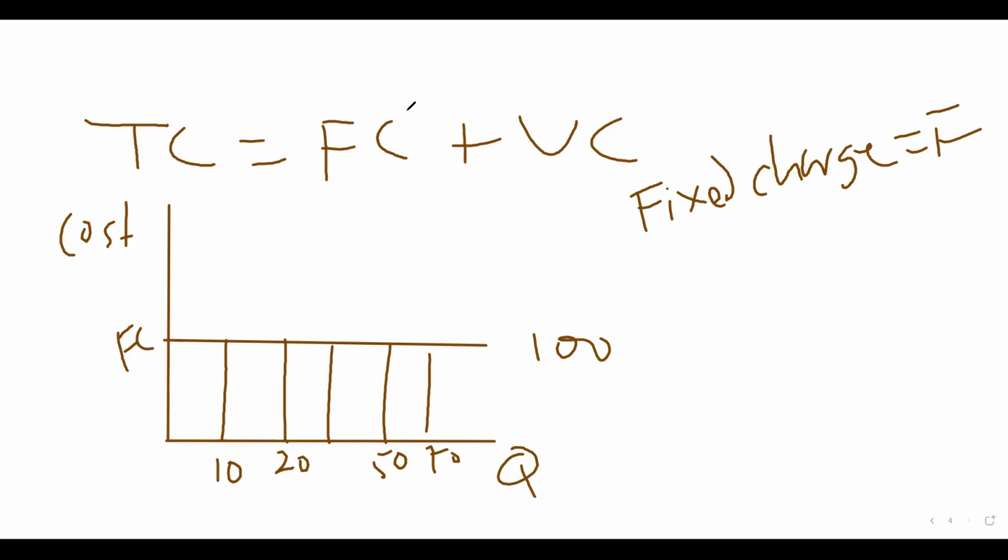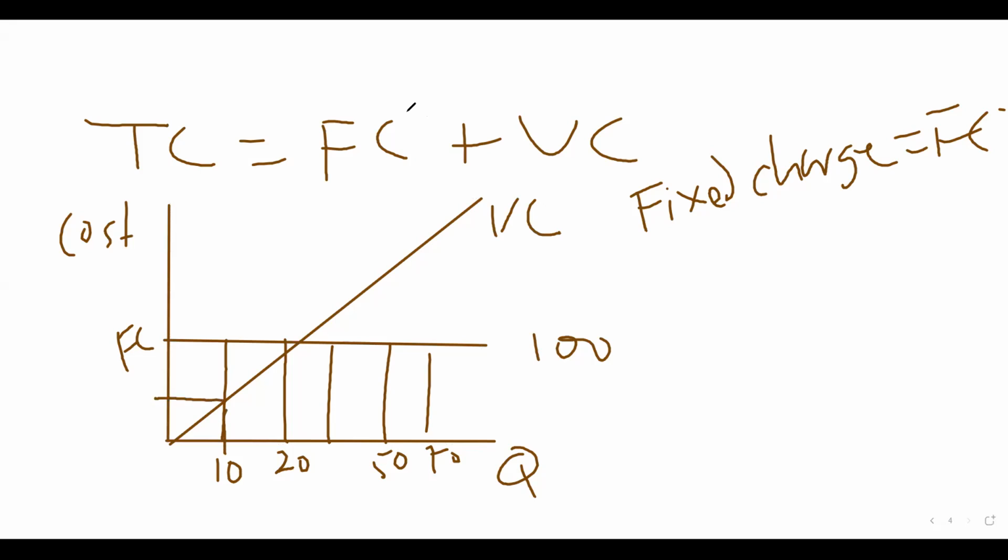But of course, there is another cost in economics, which is the variable cost. The variable cost, as the name sounds, is the cost that changes, or varies, with the level of production. So the variable cost starts from, say, 0 here, and then it keeps going. As the level of production goes up, say to 10, the cost is there.